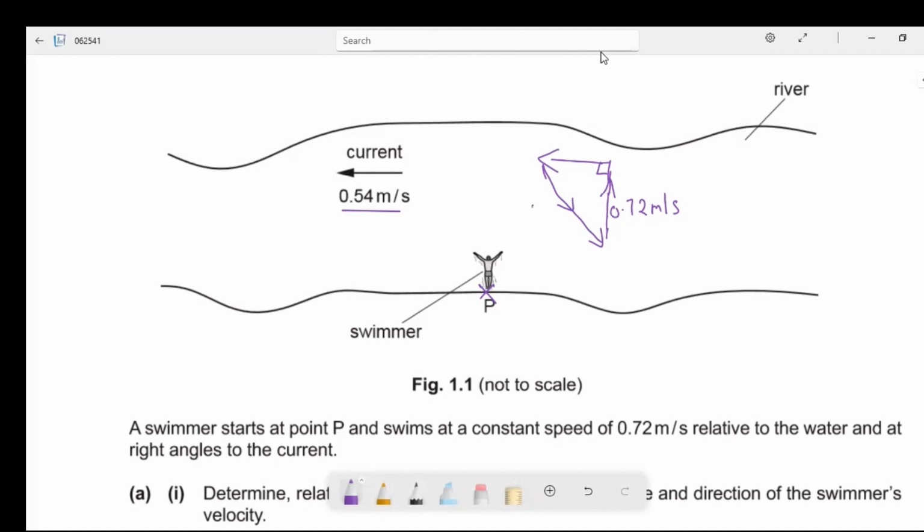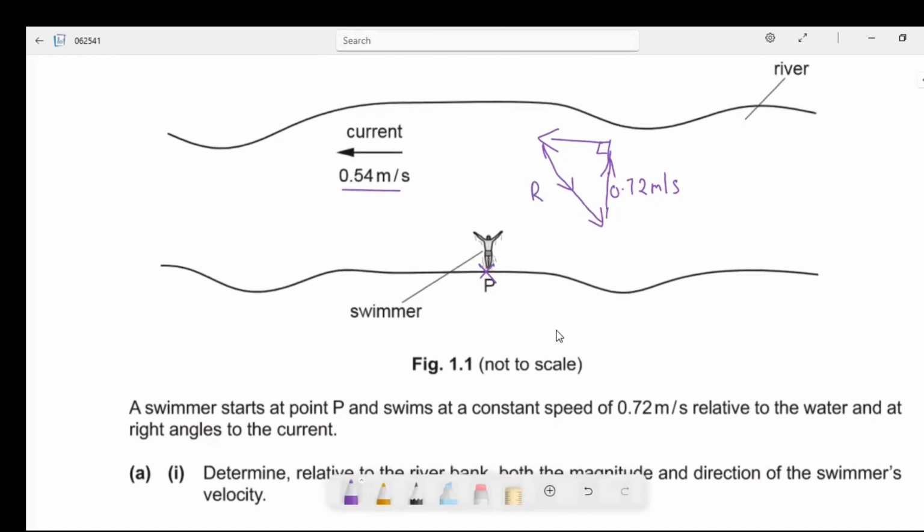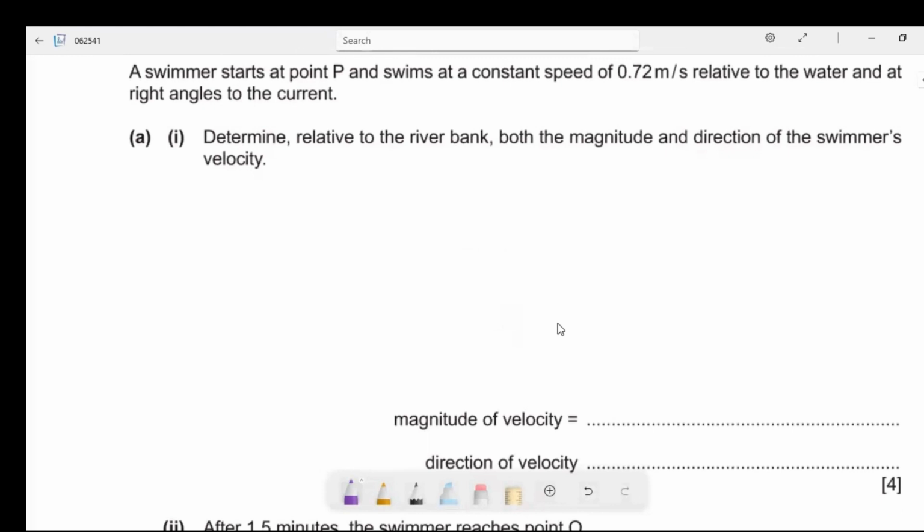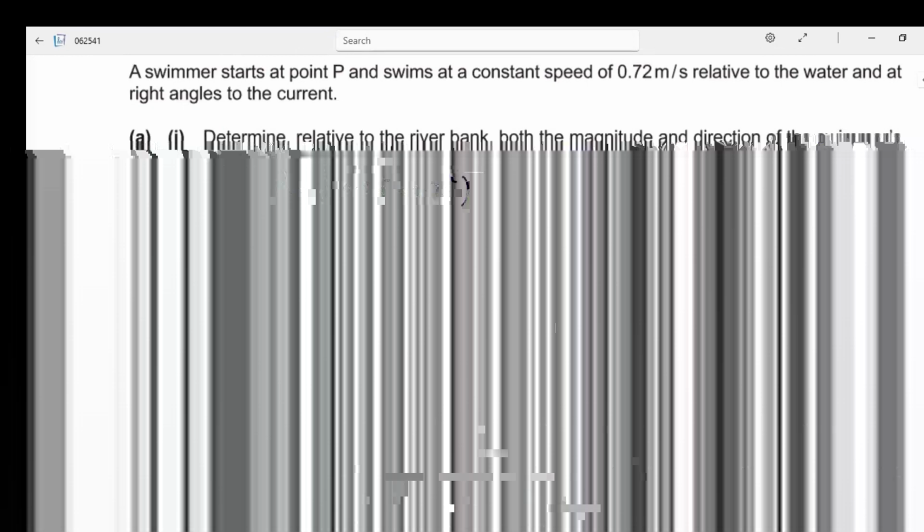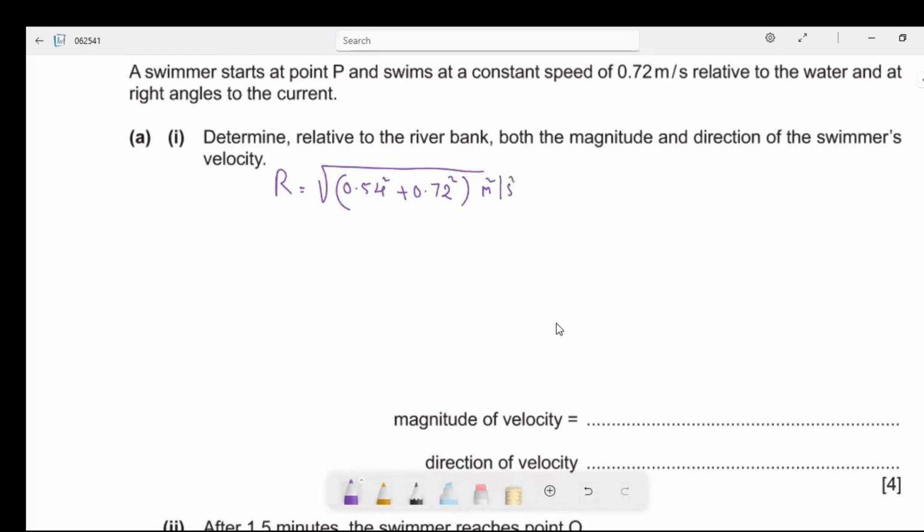For finding the resultant vector R, we can use the Pythagoras theorem. That is, R will be equal to the square root of 0.54 squared plus 0.72 squared, in meter squared per second squared.